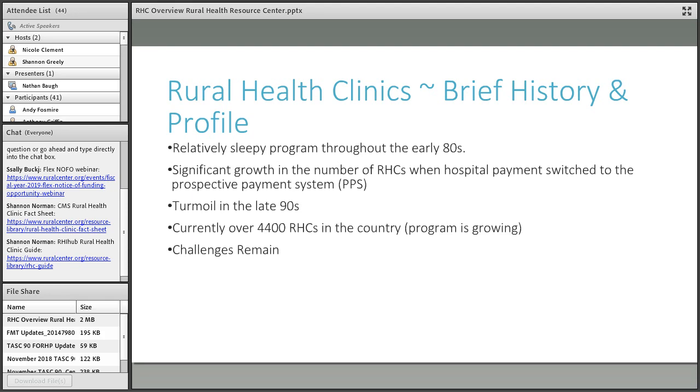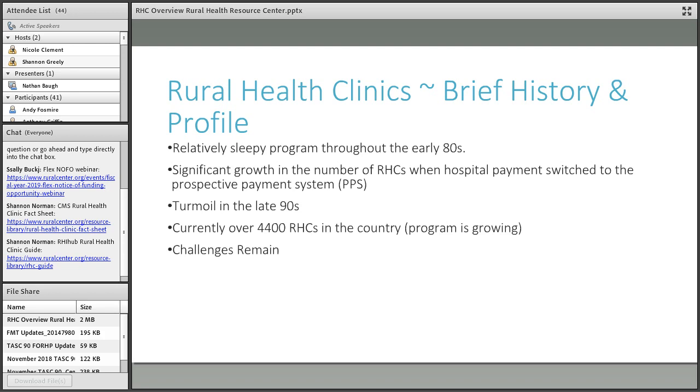Unfortunately, and I'm going to get into this at the very end, the program has not been updated in any real way since 1977, and we are working on modernizing the Rural Health Clinics program. So that's a preview of the legislative initiatives that we're pursuing.